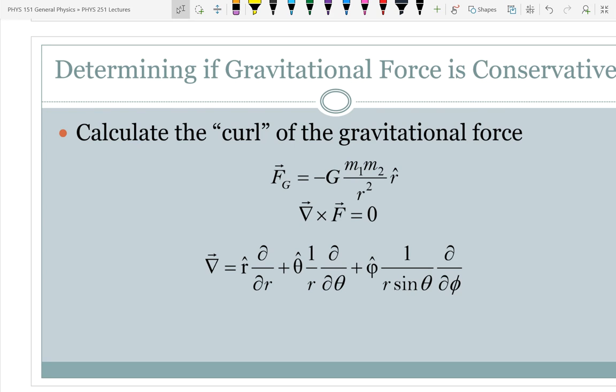Just one, only the radius. So all of the partial derivatives that are not with respect to r are going to give me 0.